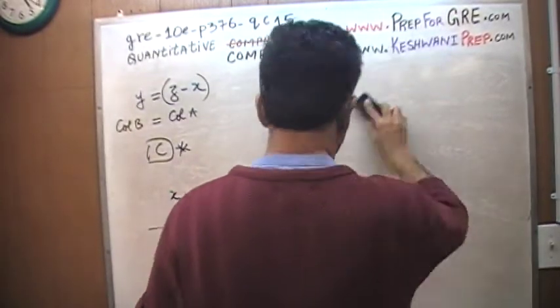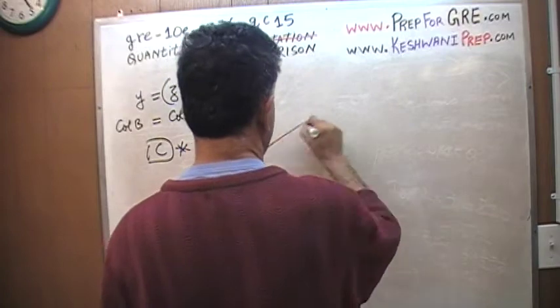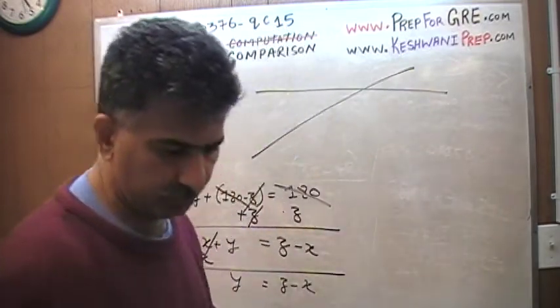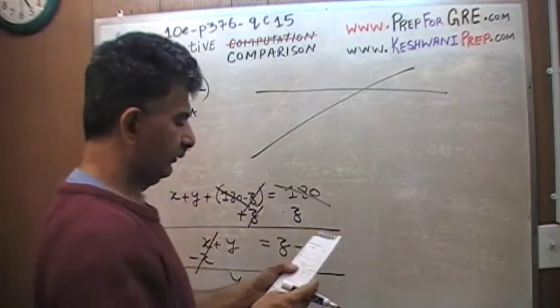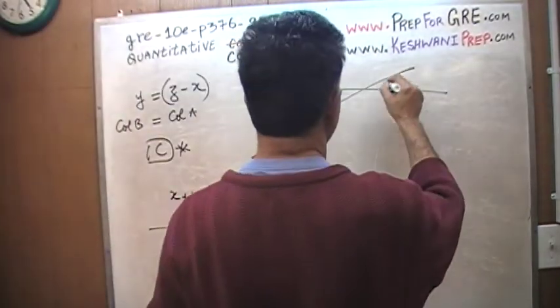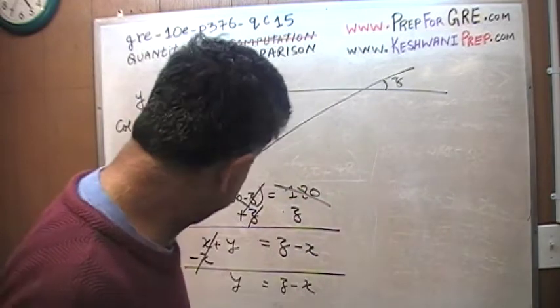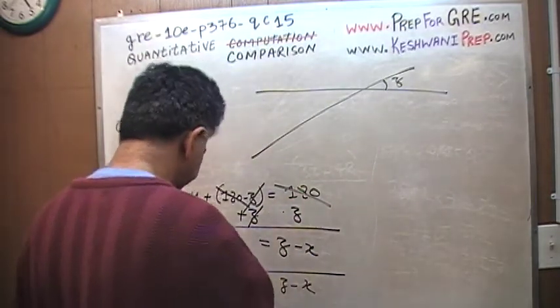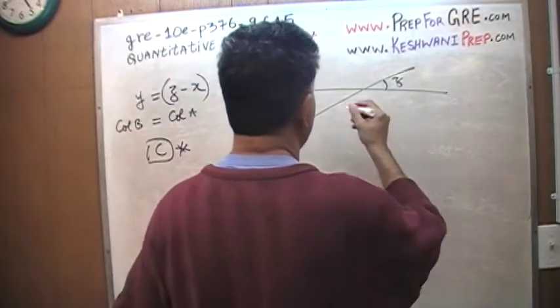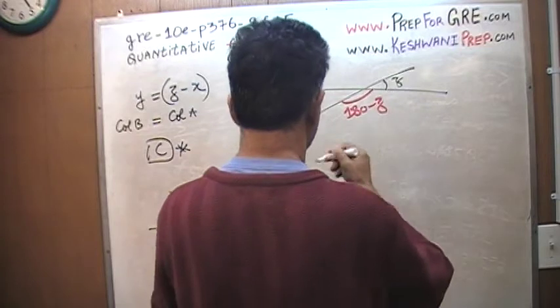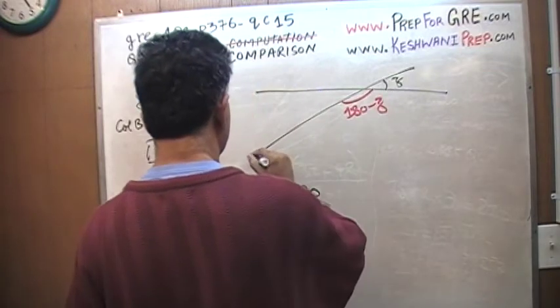Here's the line. We are told that this is Z. Well, if this is Z, then this angle here would have to be 180 minus Z, because it's a straight line.